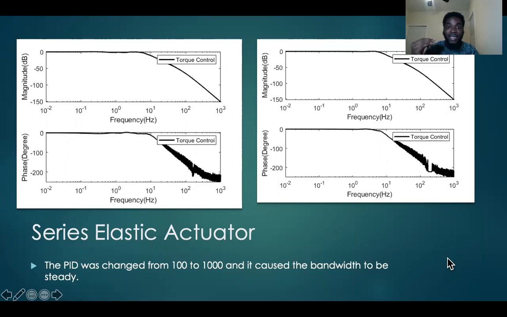It descends at a higher pace. On the right-hand side is the result of increasing the PID, and I see that it becomes more steady, but it is still decreasing at a rapid pace.